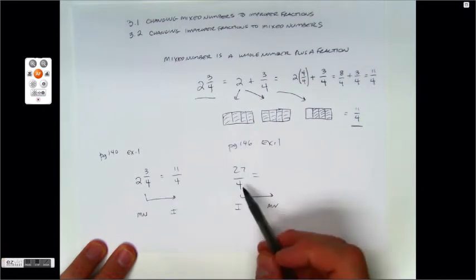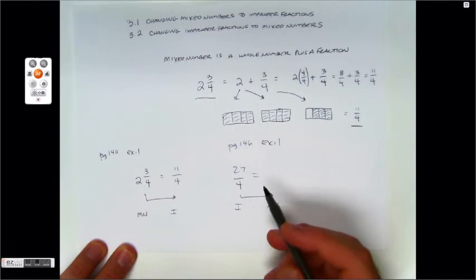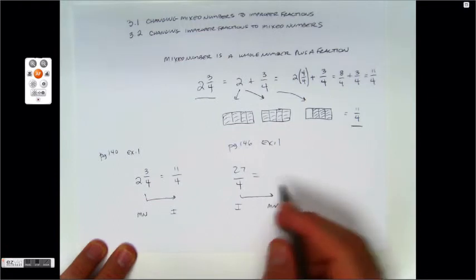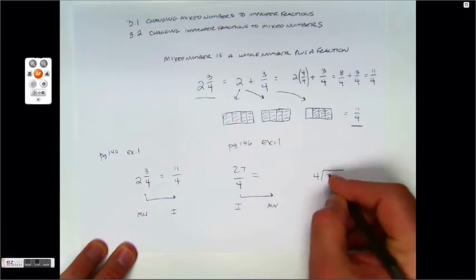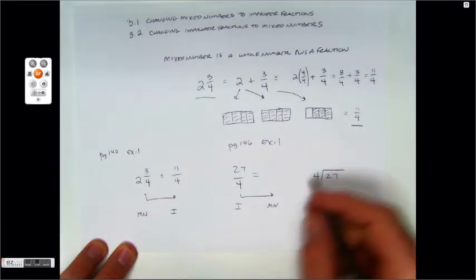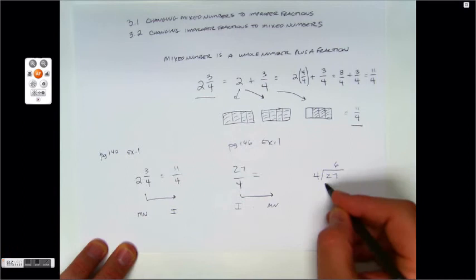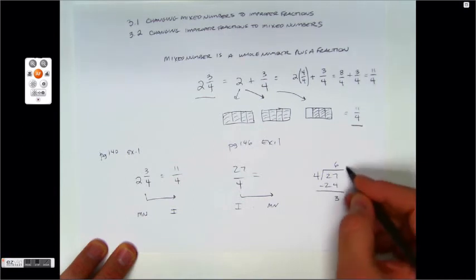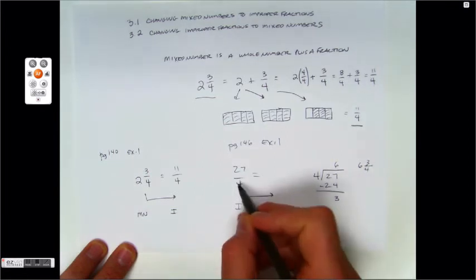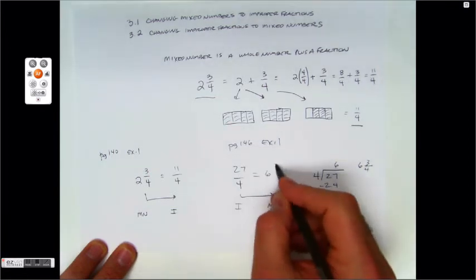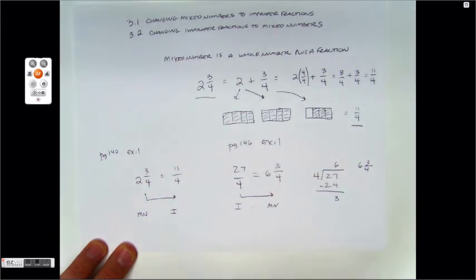We multiplied over here, so we divide here. How many times does 4 go into 27? Now, I highly recommend this. Remember, if you can't do this in your head, that's fine. Nobody's asking us to. Go off to the side and do it. Say 4 goes into here and you come up with a number, in this case 6. 24, subtracting it, 3. So what you have left now is you have 6 with 3/4 left over. So notice here, 4 goes into 27 6 times with the 3/4 left over.